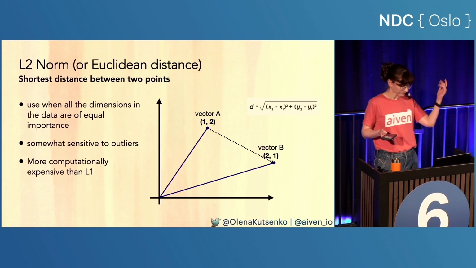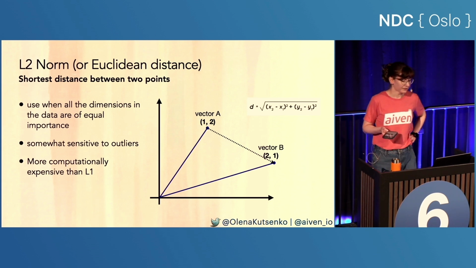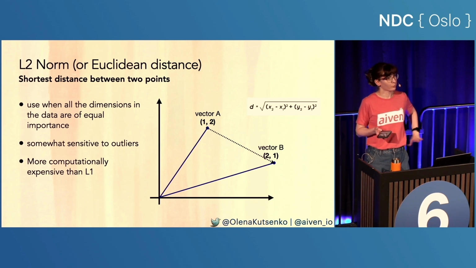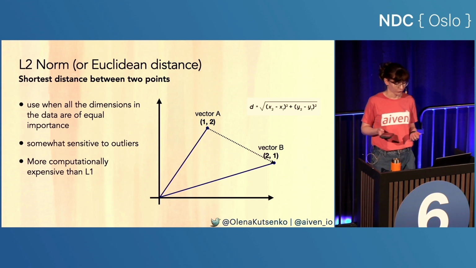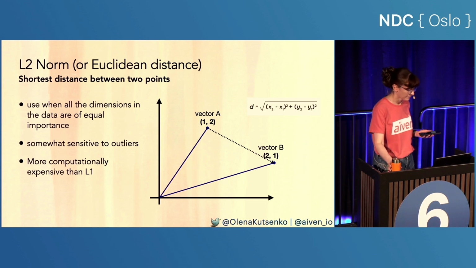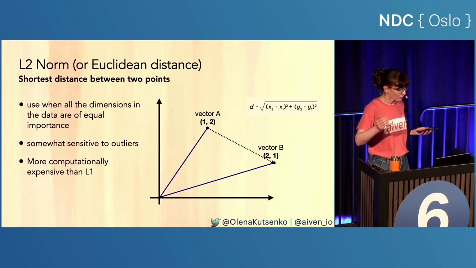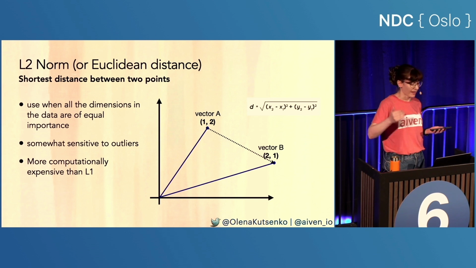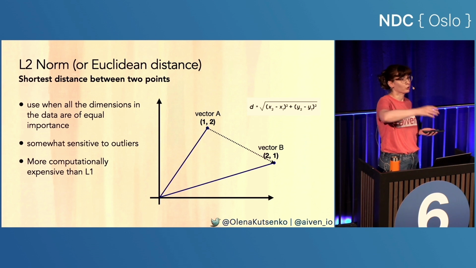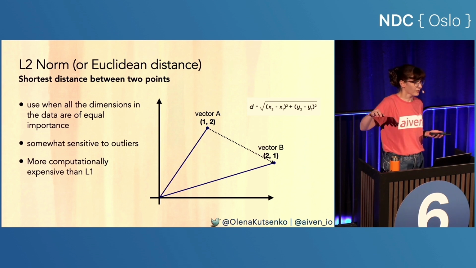For example, the Euclidean distance, the L2 distance, will be present in almost all of the vector databases. And it's also the easiest to understand, because technically it's a straight line from point A to point B. If we know the coordinates, we can calculate it.